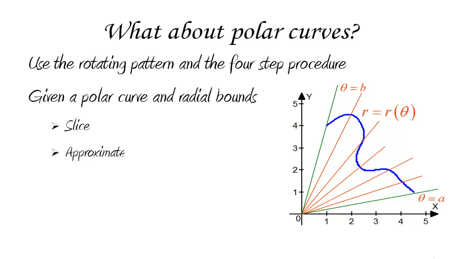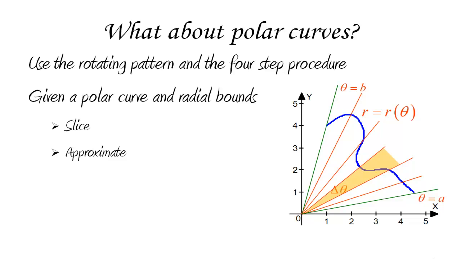Next, we are going to approximate each one of these little pieces through a circular sector. So we're going to focus on only one of these thin regions, which will have a certain thickness, which by analogy with the usual case we're going to measure as delta theta. We're going to approximate the area bounded by the curve within that region with the area of a circular sector.